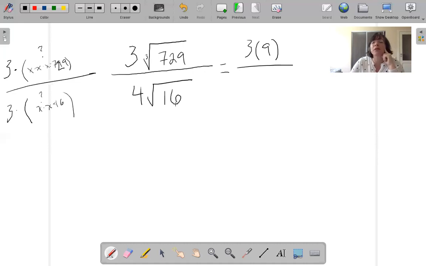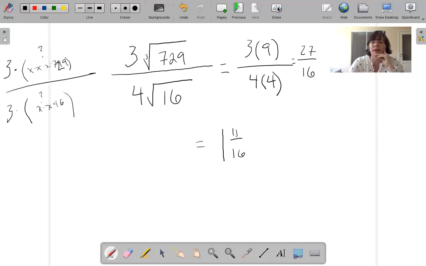The square root of 16 is 4 because 4 times 4 is 16. 3 times 9 is 27. 4 times 4 is 16. And then we would want to simplify that. How many times will 16 go into 27? 1 time. 11 over 16.